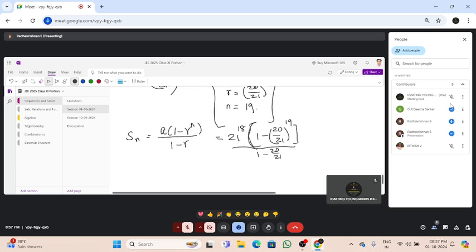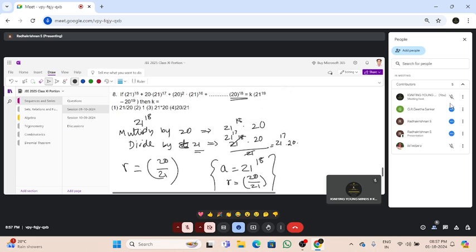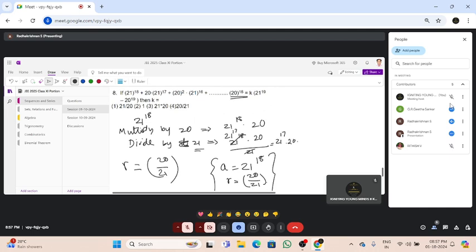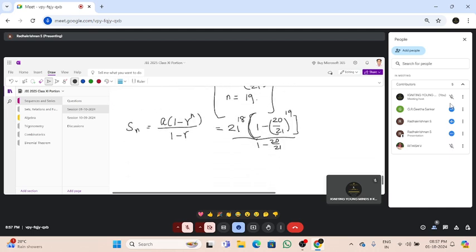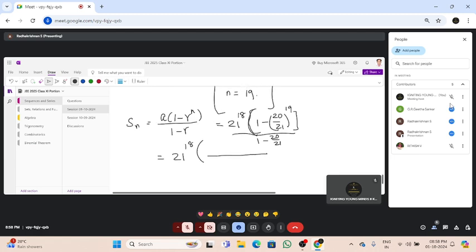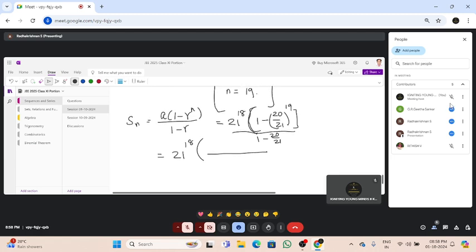Now you have to get it in the form that they require. What is that form? 21 to the power of 19 minus 20 to the power of 19. It will naturally come that way when you simplify. Try to simplify. K equal to 1. Oh, you got it? Very good, Geeta. It easily comes, it just cancels. 21 power 19 gets cancelled.